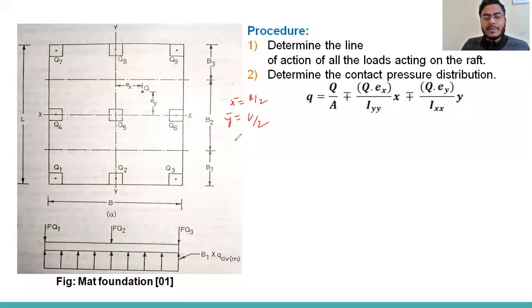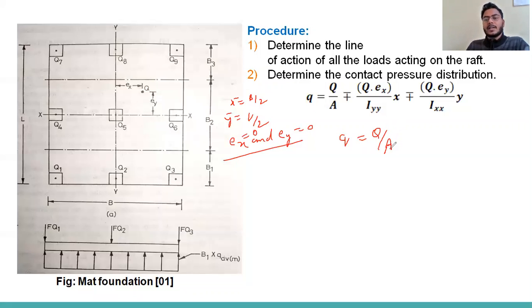In this case, Ex and Ey will both be 0. So the contact pressure distribution you can get is Q by A, where Q is the total resultant load and A is the area, that is B into L.